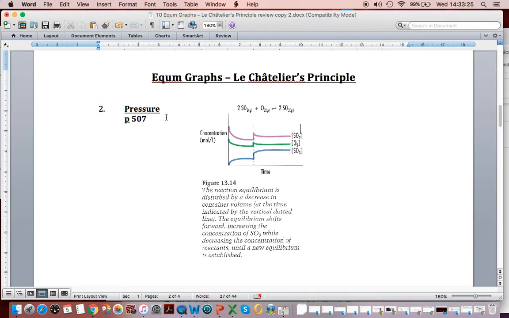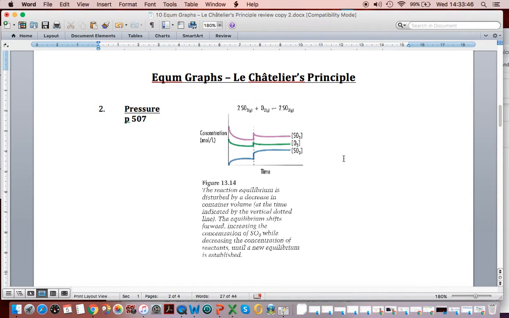A change in pressure only affects equilibria that have gases, and this has gases, so now we have to deal with it. We can see we arrived at equilibrium by having SO2 and O2 reacting. The SO2 dropped by twice the amount of the O2, and the SO3 came up, and we're at equilibrium.